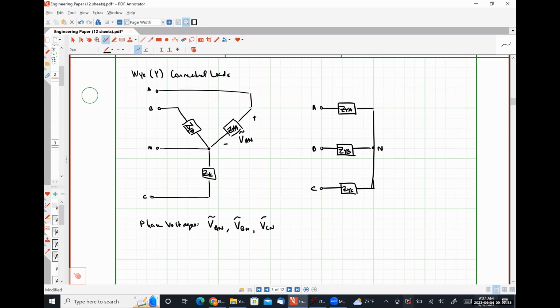So here's VAN. Here's VBN. Here's VCN. On this diagram, a little easier.